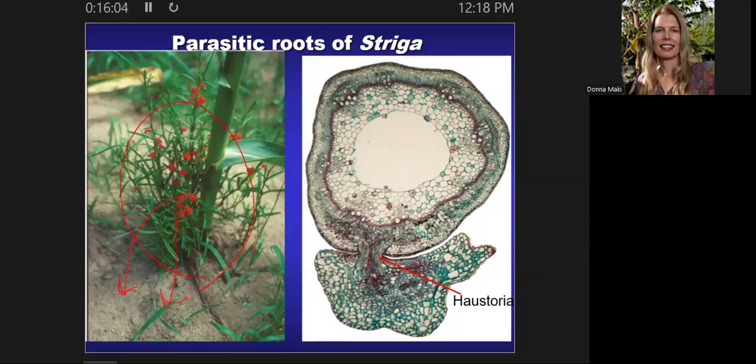Very challenging to get rid of. And so they've been struggling with this idea for quite some time, and they're trying to work on ways to eradicate Striga, especially, of course, out of agricultural fields. So it's this tiny little cute plant, and yet it causes a lot of economic hardship on people that are trying to grow food for food production.